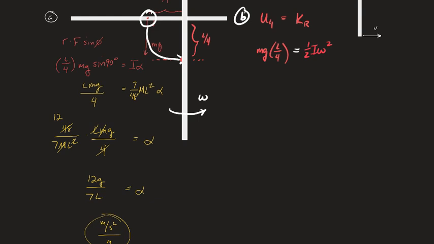This is not the answer we're looking for. This will give you the rotational speed at the bottom. Although you were asked for the linear speed, this will only give you the rotational speed. You might have to do this as an intermediate step, just like yesterday.